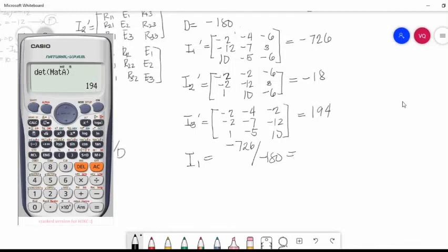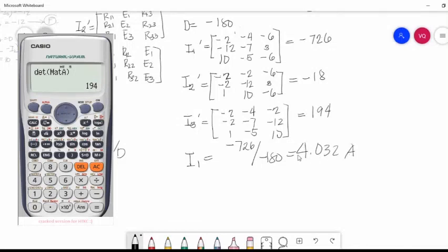So same dun sa binigay kong solution or answers sa PDF, I1 natin is equal to positive 4.032 amperes.